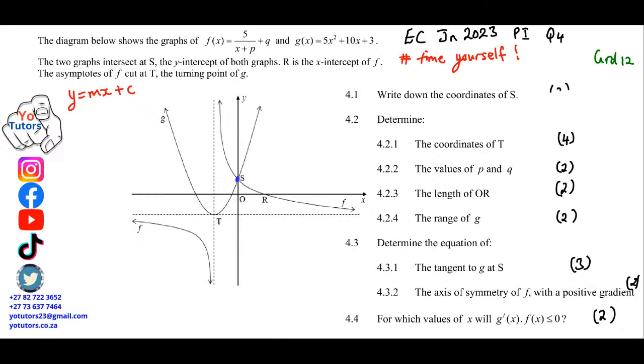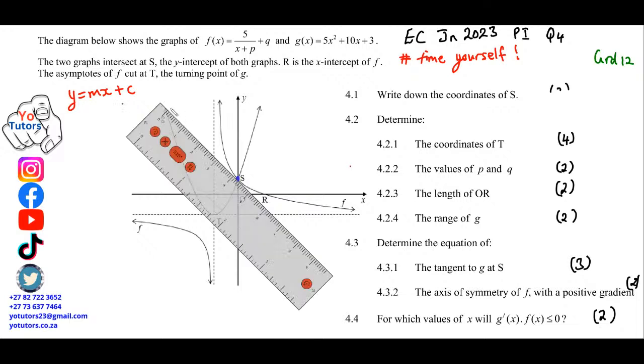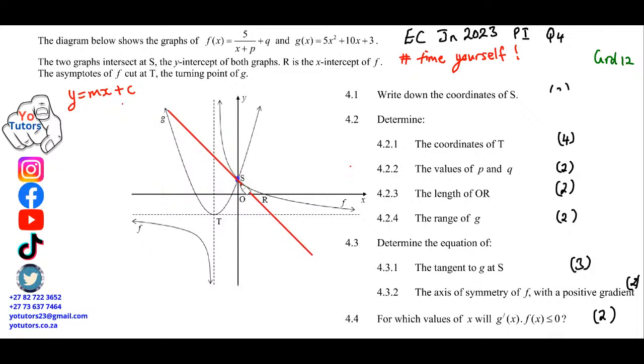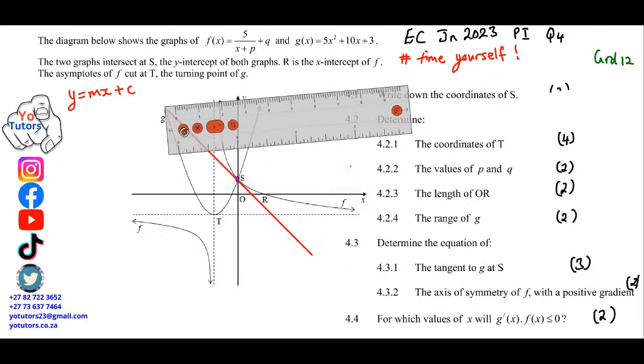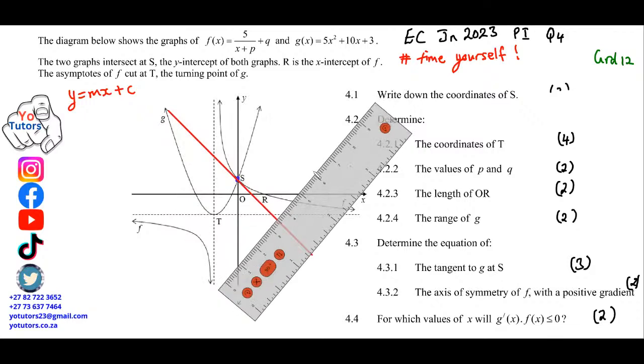Let me just get my ruler there. Okay, so it's going to be like this. That's our tangent there. This is the tangent that we're talking about. It's passing at S, and what we can now see is that it's a tangent to G, so it's going to be like this. It's going to be the opposite.